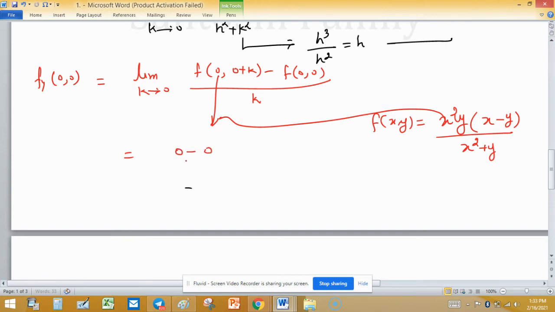So it is 0 minus 0 divided by k, limit k tends to 0. So this value is 0.